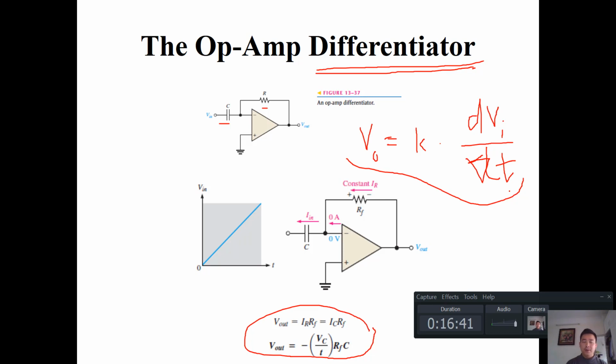So the four principal circuits of the op-amp are: the first one is the summing circuit, the second one is the subtractor, the third one is the integrator, and the last one, in this part I will just talk about, is the differentiator circuit.